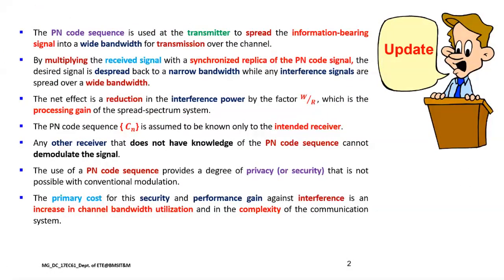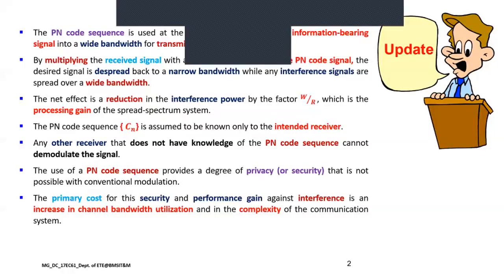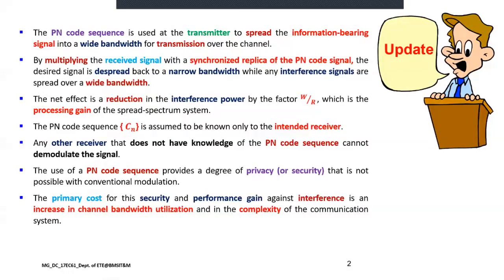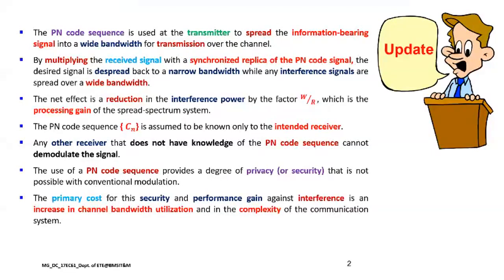You can think of it like taking a piece of bread and some jam, and spreading that jam over the entire piece of bread. The jam is your information bearing signal and the bread is the channel bandwidth. So we are spreading the jam over the entire piece of bread, then transmitting over the channel.